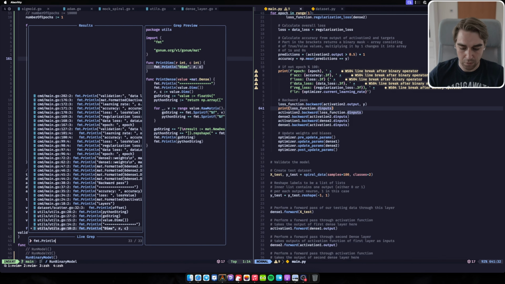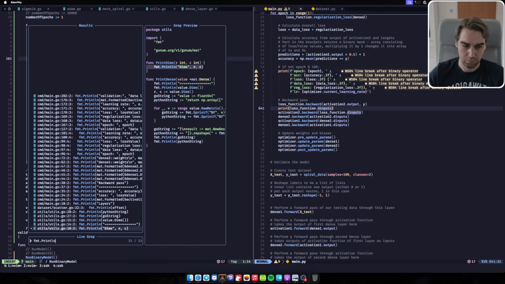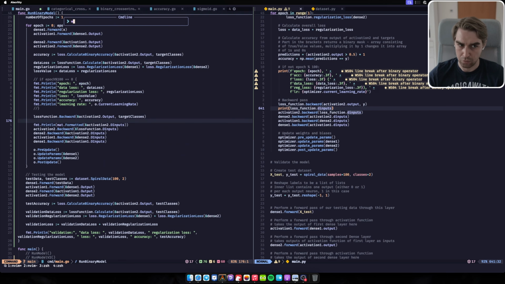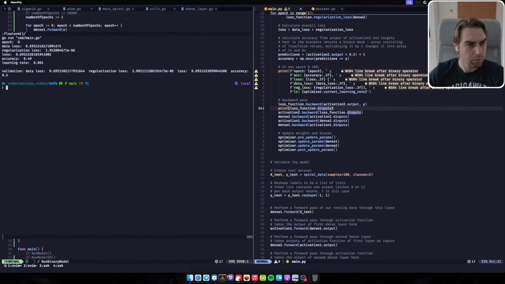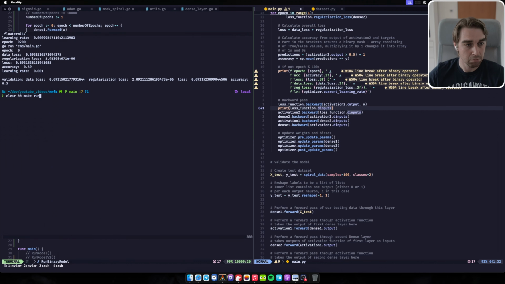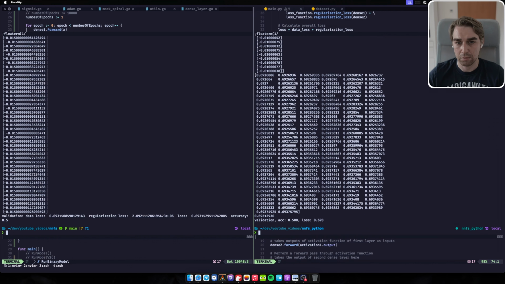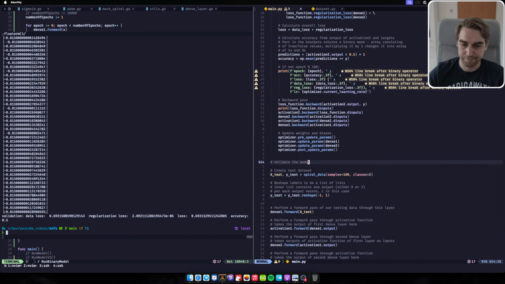Wait. Where is the data? Oh, loss function. Interesting that it's not crashing. Minus what we have here.